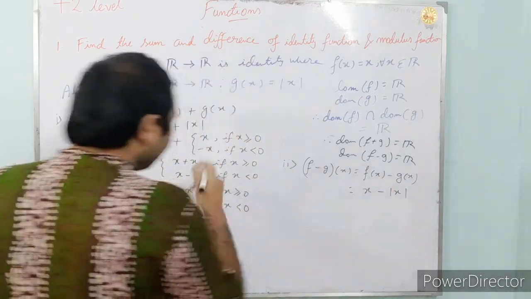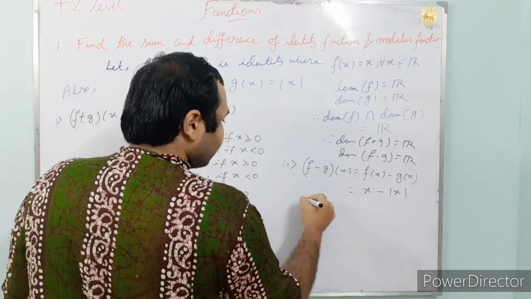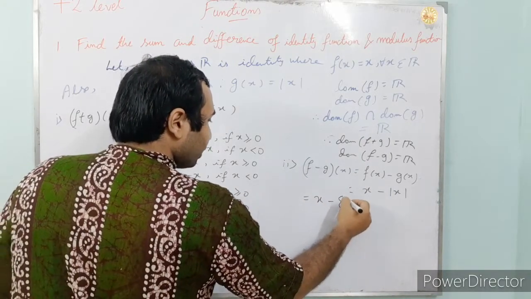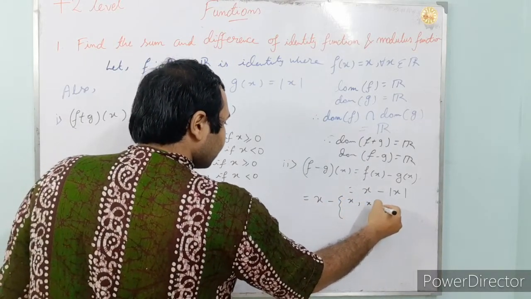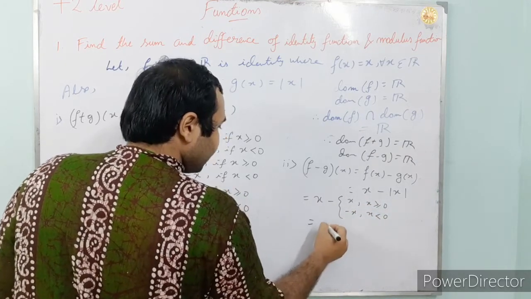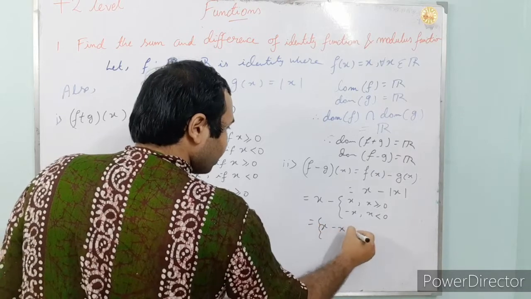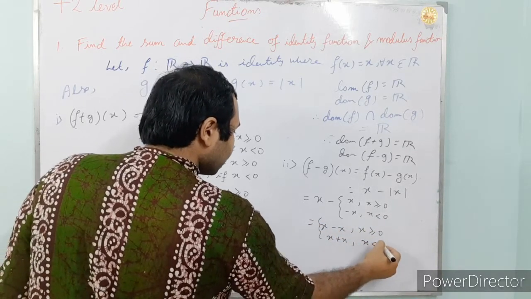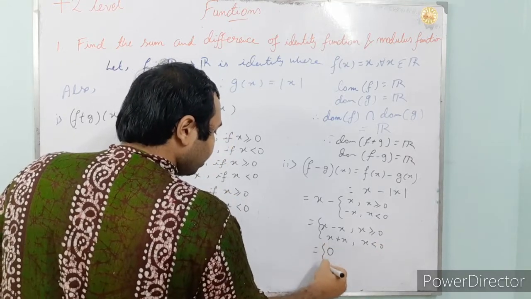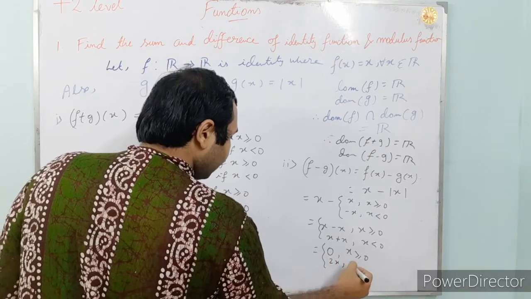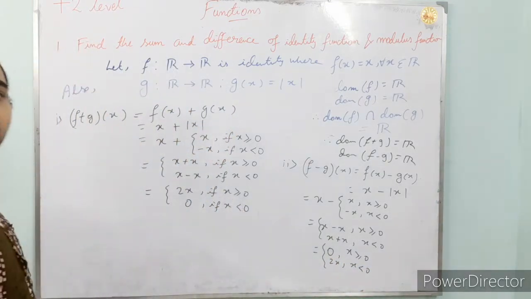So if we apply this concept, x minus x when x is greater than or equal to 0, and x plus x when x is less than 0. So 0 when x is greater than or equal to 0 and 2x when x is less than 0. Simple thing.